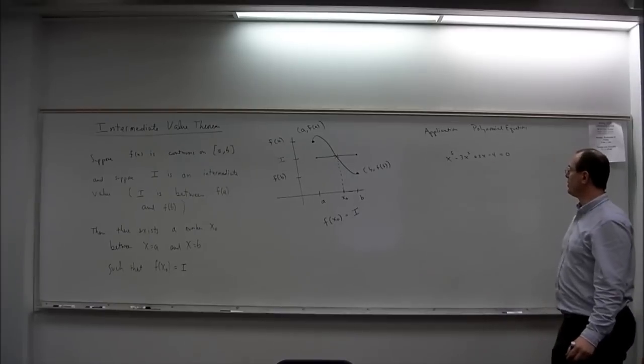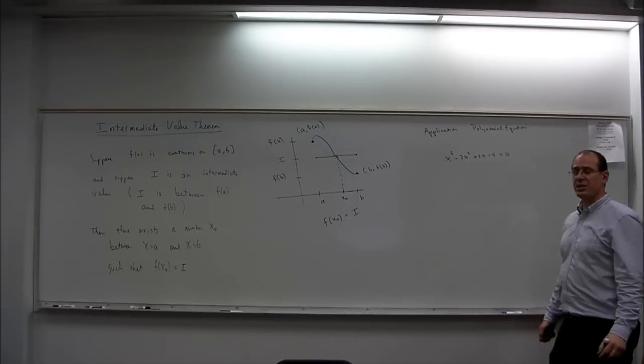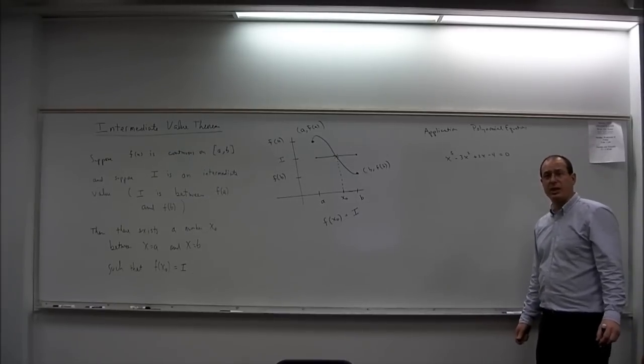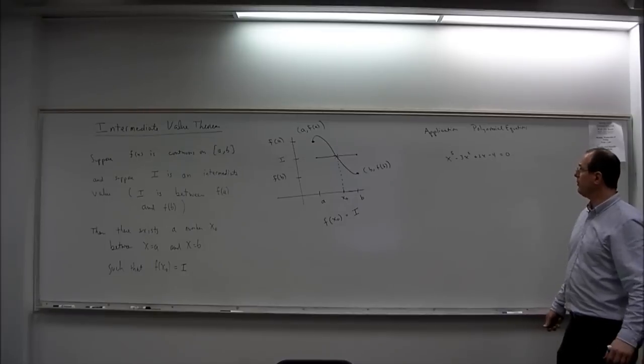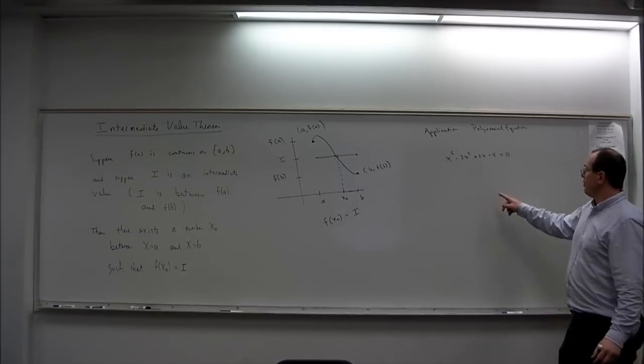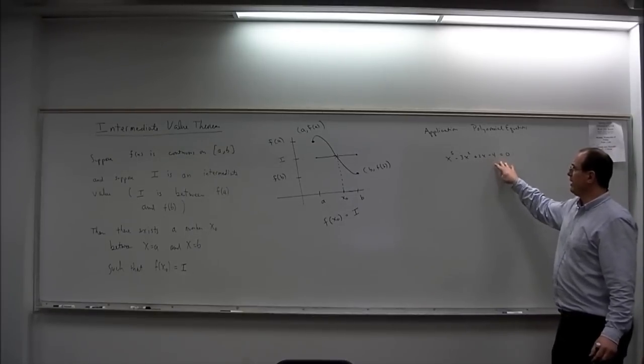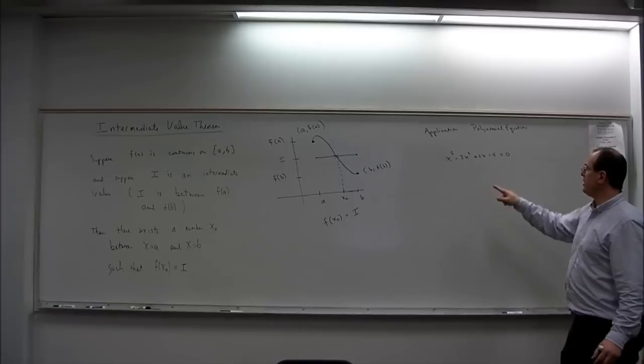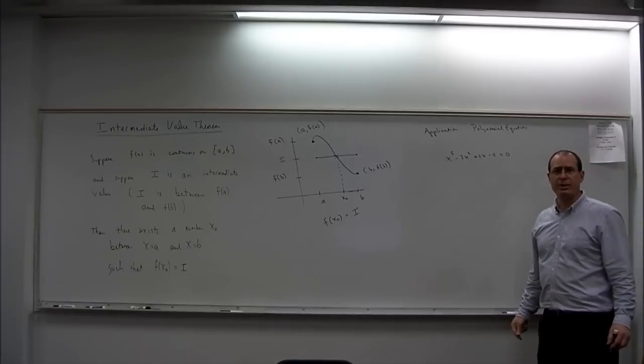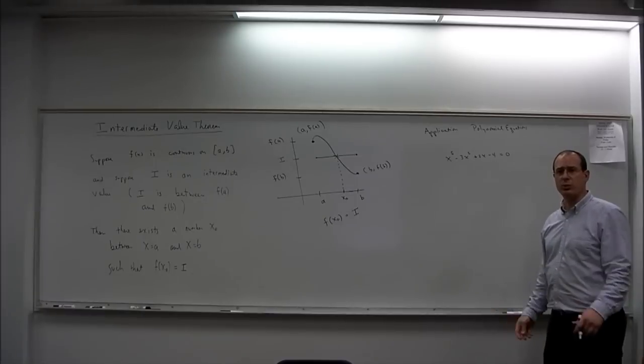Suppose we wanted to solve this equation. Well, finding an exact solution might be very difficult, maybe even impossible. But one thing I can say from the intermediate value theorem is that this equation does have a solution between x equals 1 and x equals 2.